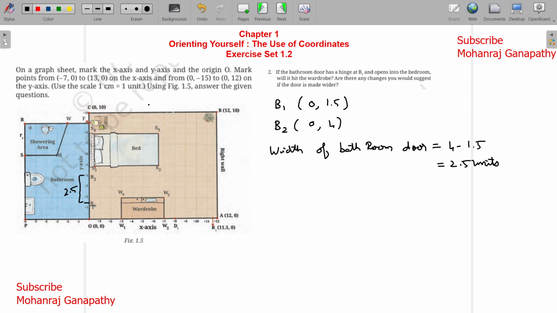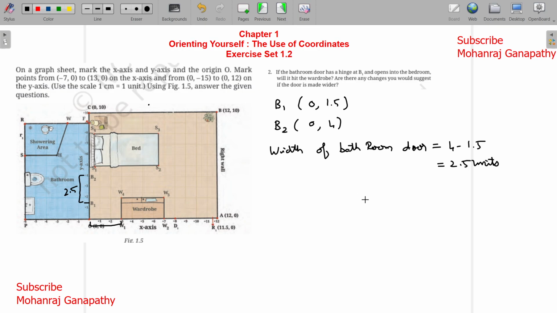From near the wardrobe we need 2.5 units, and we have enough space here. See, from the door to the wardrobe it is 3 units, which is greater than our door.